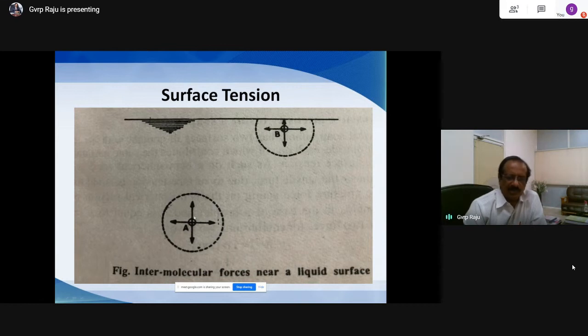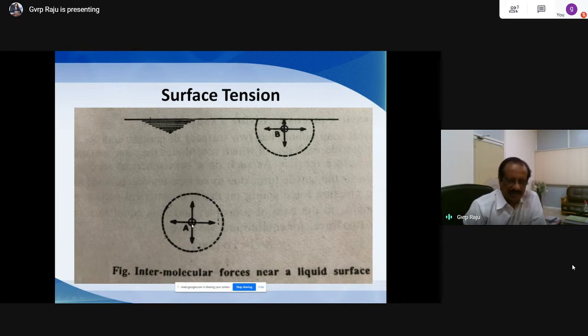I have considered two water molecules. This is all water here. One molecule is in the interior, meaning the molecule at A is in the water body, below the liquid surface.